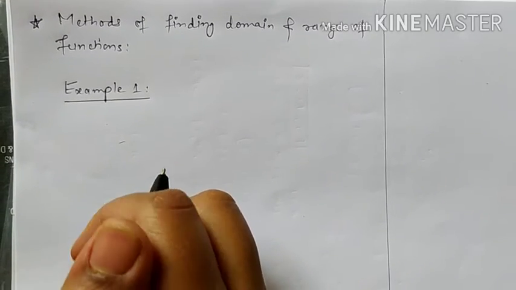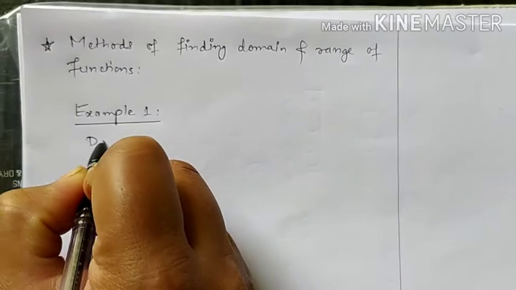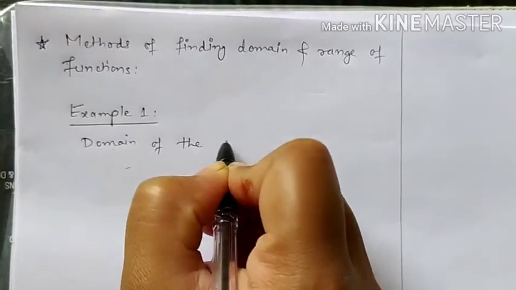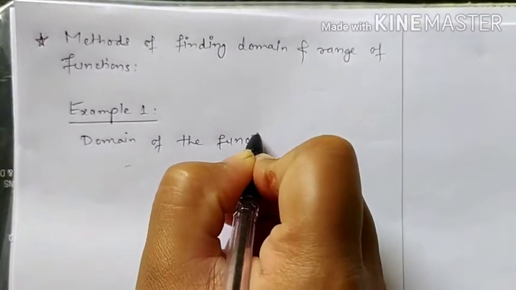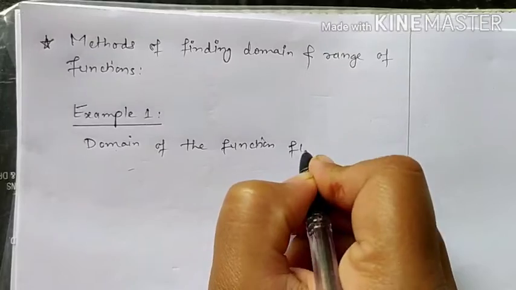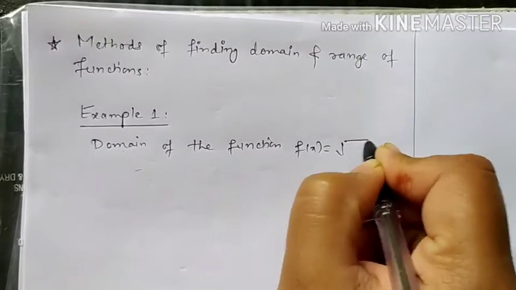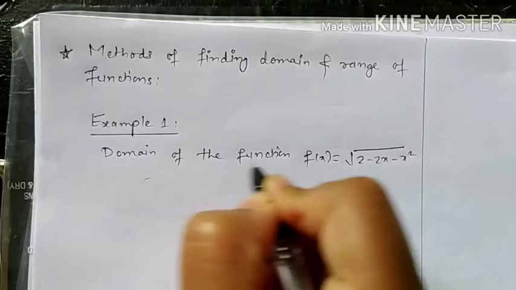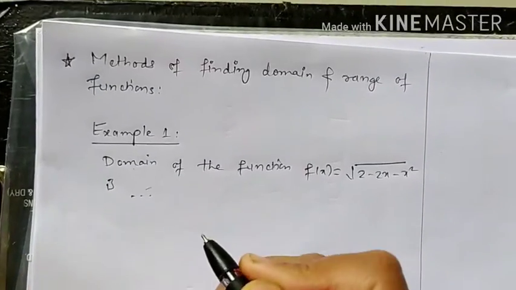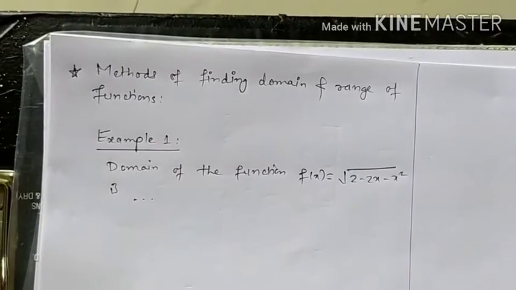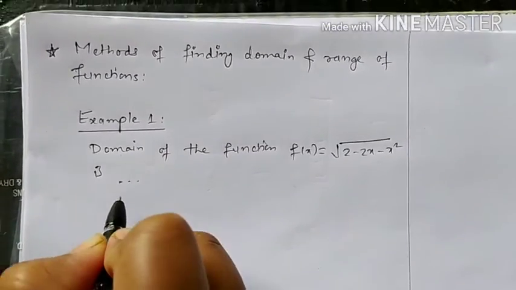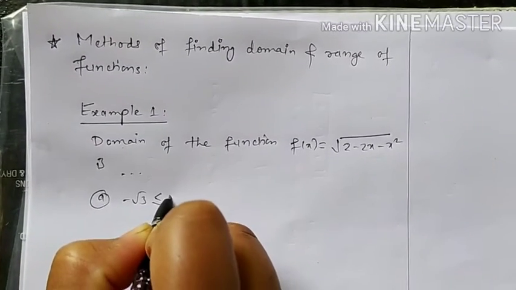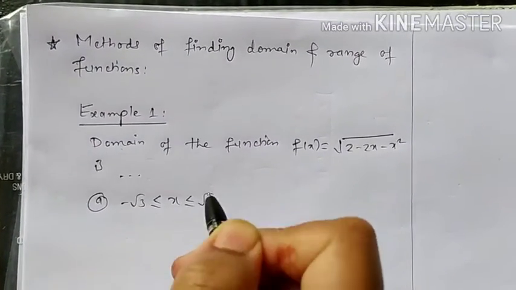Domain of the function f of x equals square root of 2 minus 2x minus x square is: first option, minus root 3 less equal to x less equal to root 3.